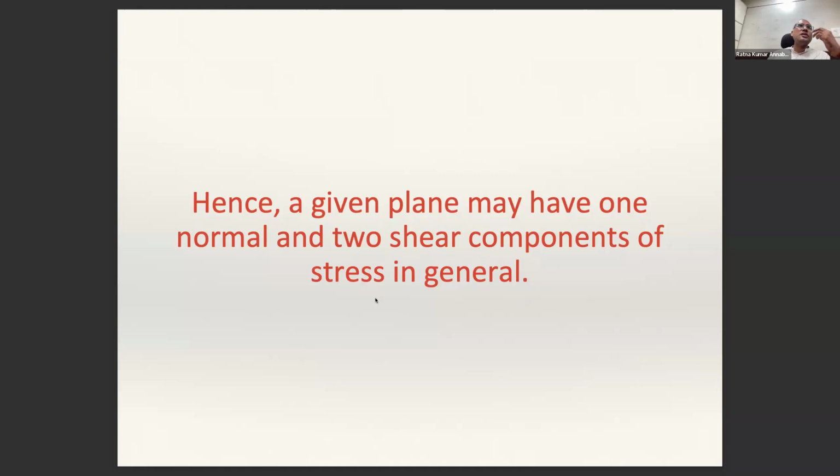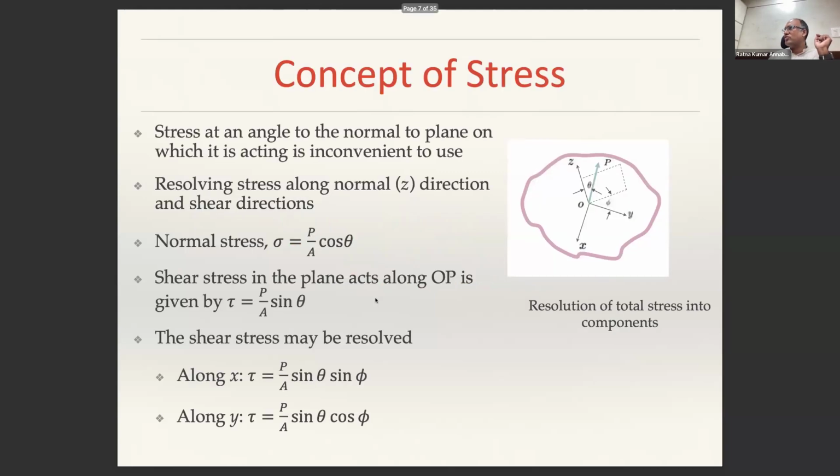Initially we said stress is force per unit area, but because the force is not necessarily in the direction of the normal to the surface, in general it is inclined at an angle to the normal. Let us say this angle with the normal to the surface is theta. Then the normal stress is P by A cos theta, and the shear stress will be P by A sin theta.